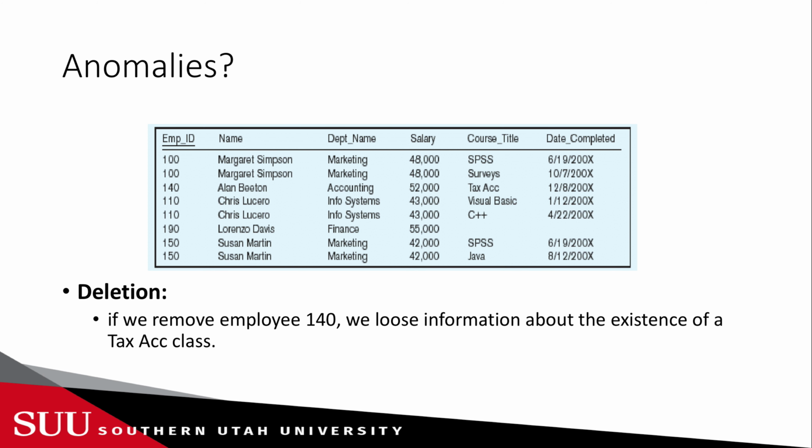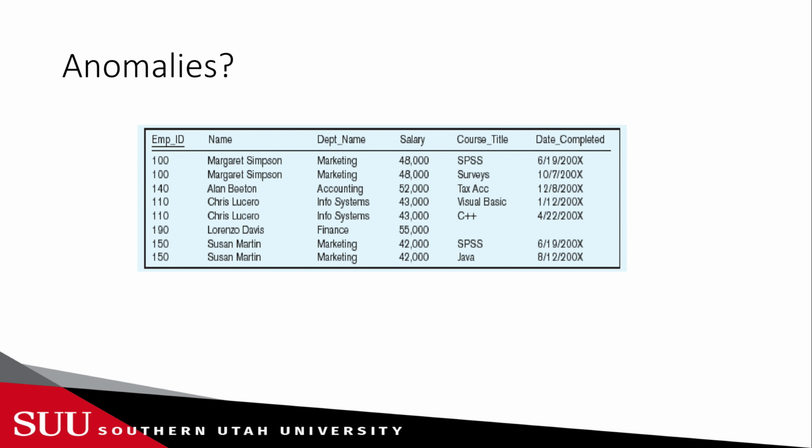Now, can we find an update or modification anomaly in this same table? So an update is when you have to update multiple records because you want to update some kind of employee record in this case or something. So we have multiple examples.